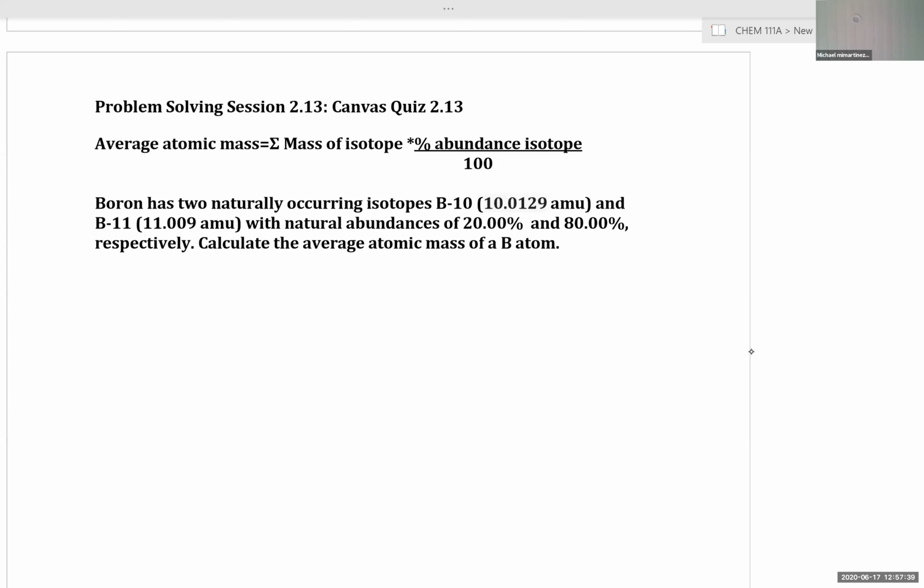So you follow the sig fig rules for multiplication and then the sig fig rules for addition and subtraction.